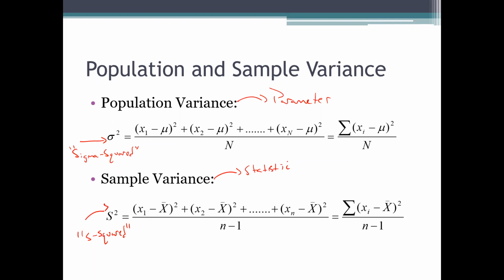I'm going to walk you through it. When you have a population variance, the first thing I said was it's based upon the deviation from the mean. So you're going to take the first data value, x sub 1, and subtract away this thing called mu. Does anybody remember what mu stands for in statistics?